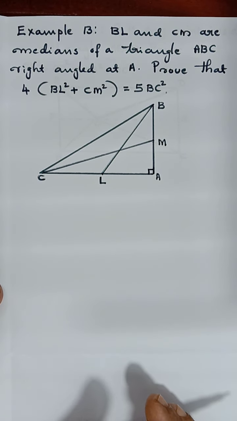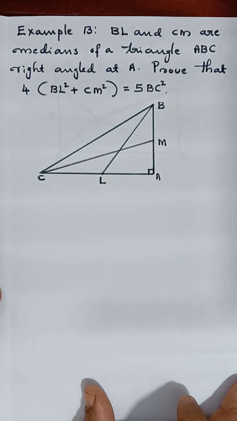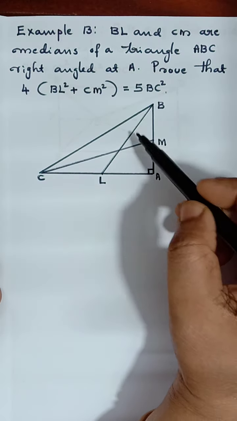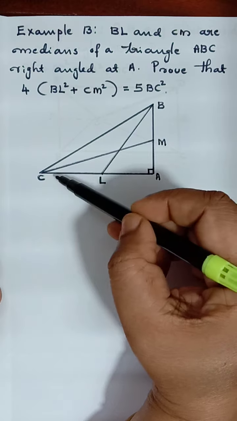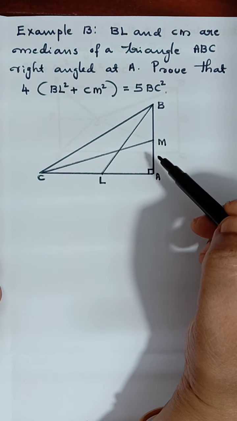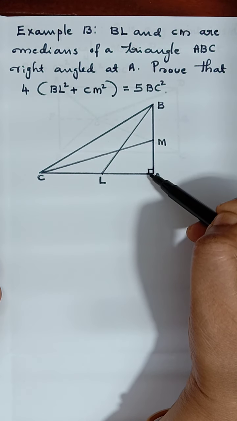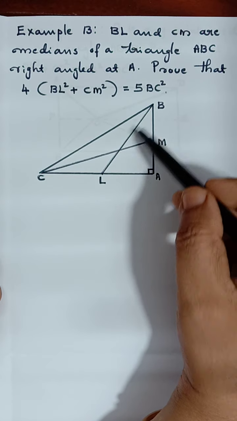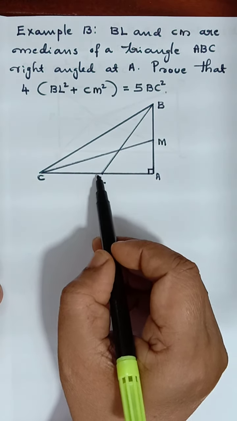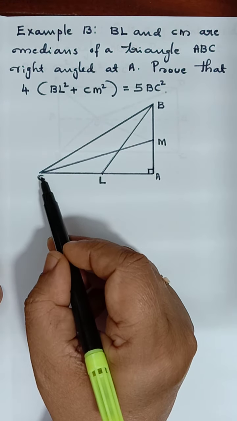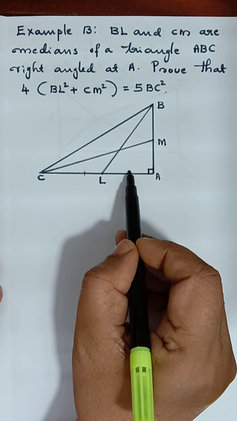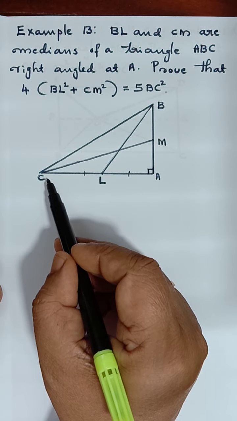Consider example 13. BL and CM are medians of triangle ABC, right angled at A. BL is a median means L is the midpoint of AC. Here CL and AL are equal in length.